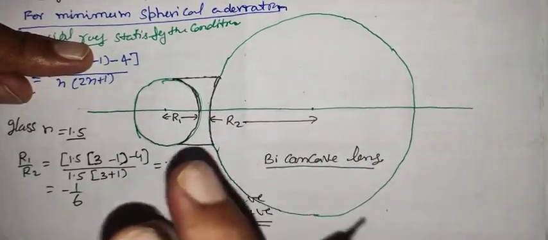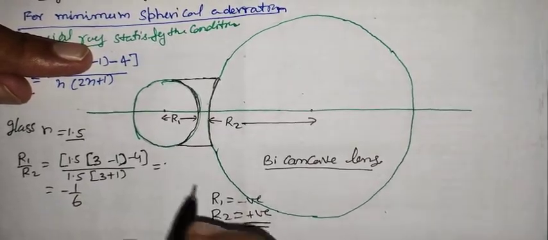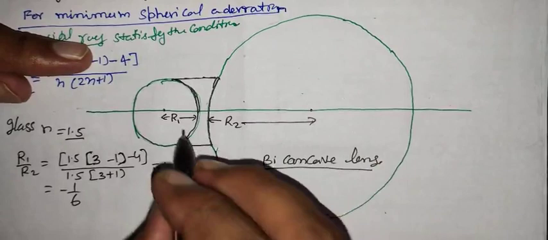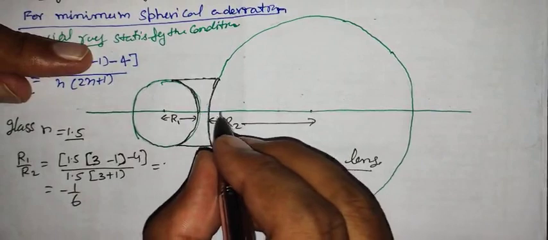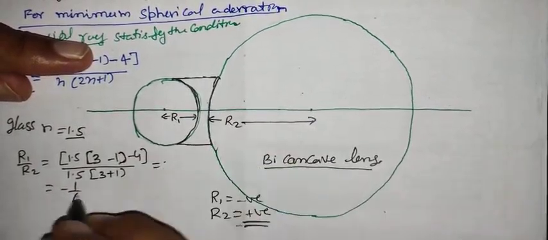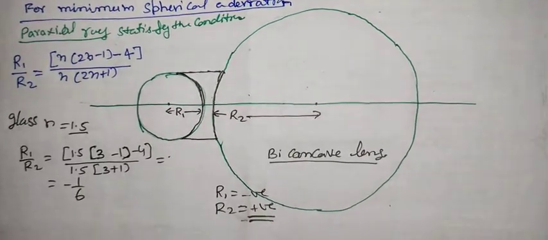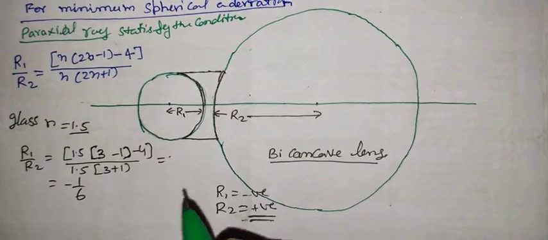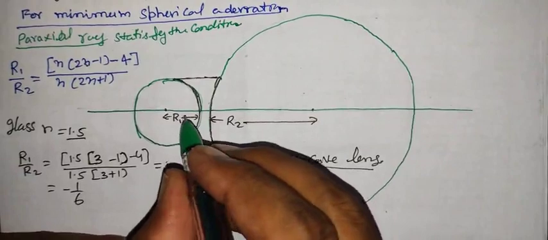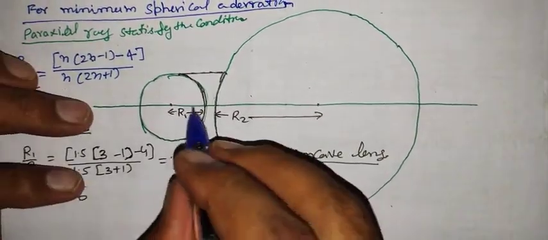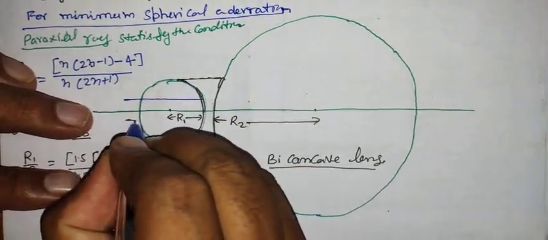And here in this case, if we keep the value of R2 as 6 times R1, as seen in the diagram, the ratio R1 by R2 satisfies 1 by 6. Then for minimum spherical aberration, see the paraxial rays here near to the principal axis.